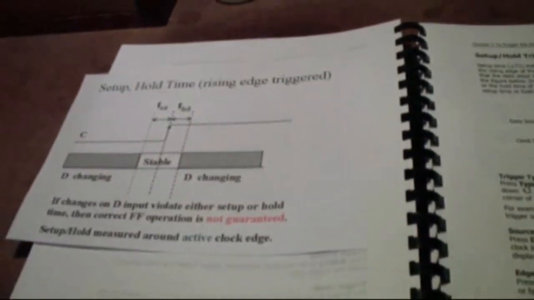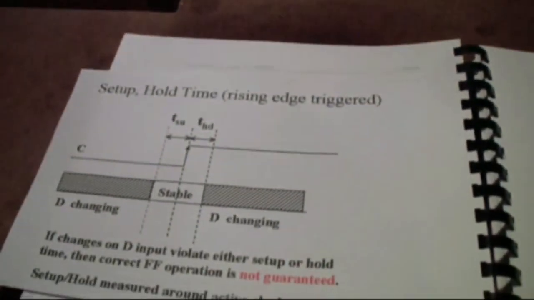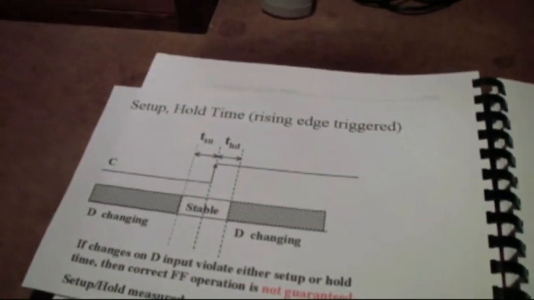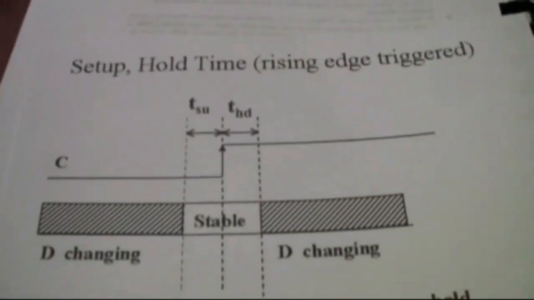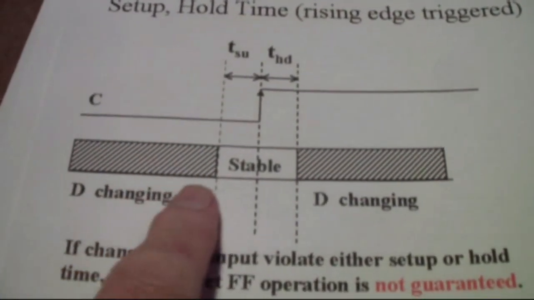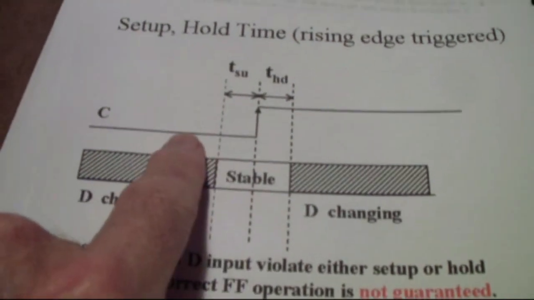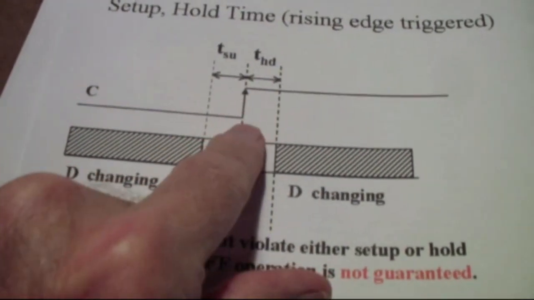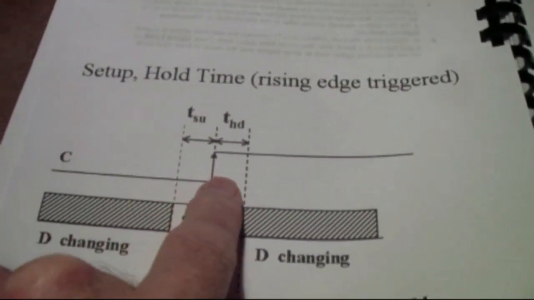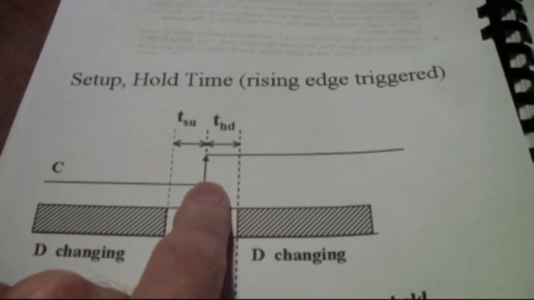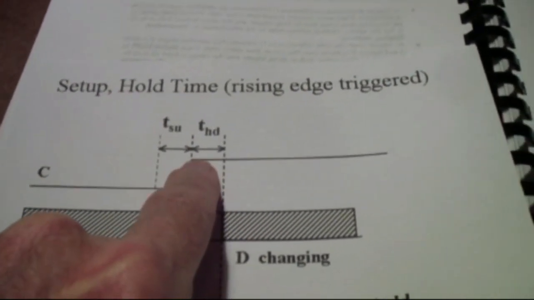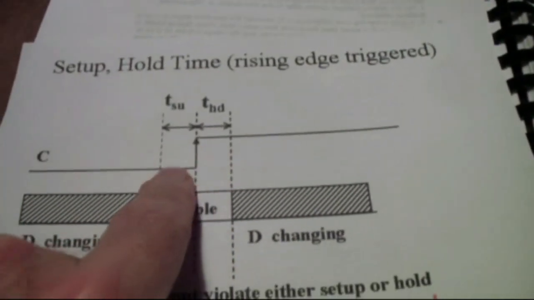Basically, what setup and hold does is it measures the amount of time that, for example, a data signal is stable before the clock signal. In this case, assume that the latch occurs when the clock rises, the rising edge triggered.